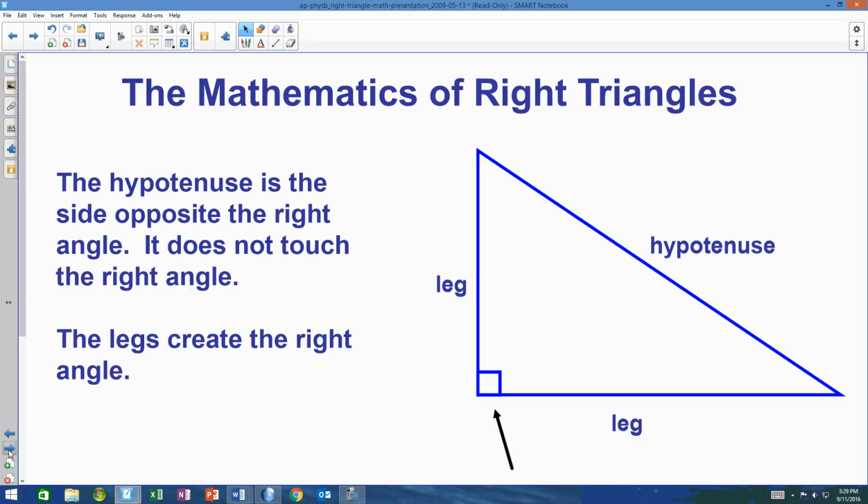The hypotenuse of a right triangle is the side opposite the right angle. Notice here is your right angle. The legs of the triangle are perpendicular to one another and form that 90-degree angle.